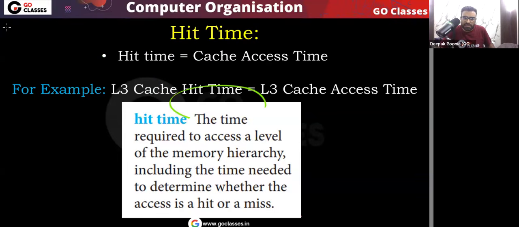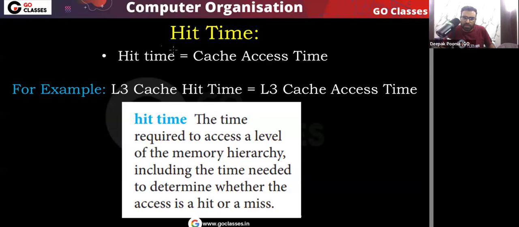That will be the time required to access the L3 cache, including the time required to determine whether there is a hit or a miss in the L3 cache. Very simple.